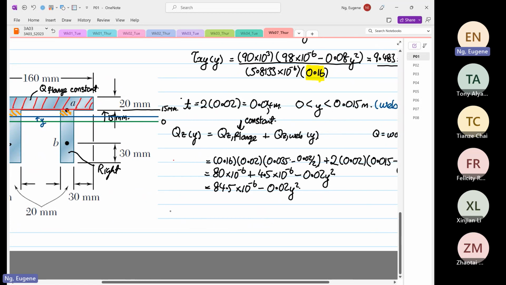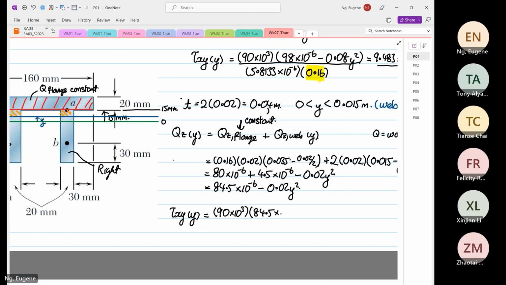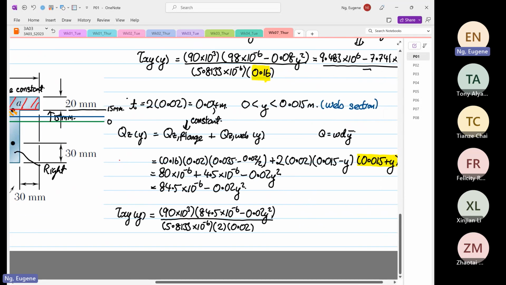So the shear stress, tau_xy as a function of y, is equal to V, which is equal to 90 times 10 to the power 3, divided by the second moment of area, and then multiplied by the thickness, which is twice multiplied by 0.02, twice because you have left and right web.